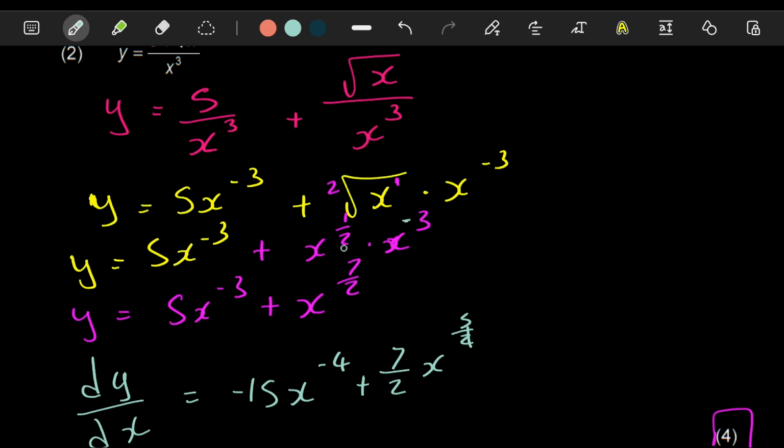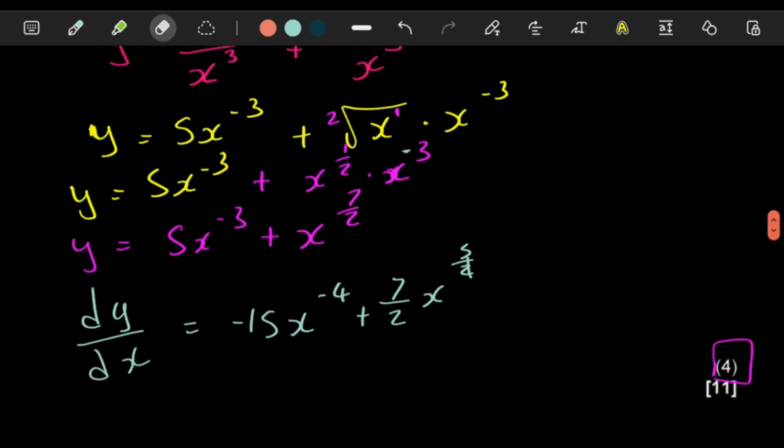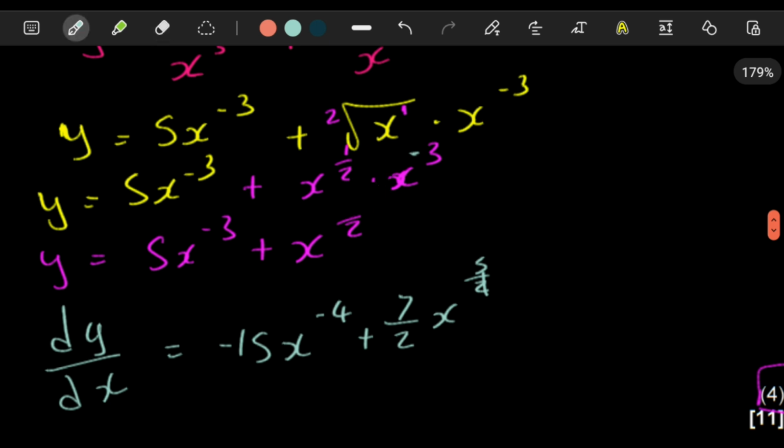So if your base is the same, you add the exponents, right? Meaning that this is going to be 5/2. And then, if this is like 5/2, it means that this is also going to be 5/2. And then 5/2 minus 1, that's going to give you the 3/2.